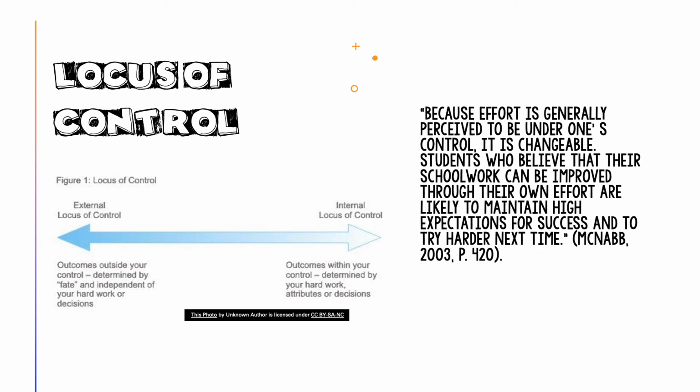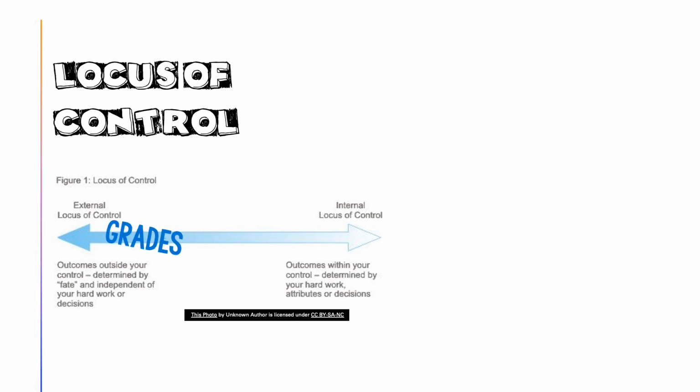Because effort is generally perceived to be under one's control, it is changeable. Students who believe that their schoolwork can be improved through their own effort are likely to maintain high expectations for success and try harder next time. In general education settings, grades are often used as a reward to reinforce learning and progress towards learning.